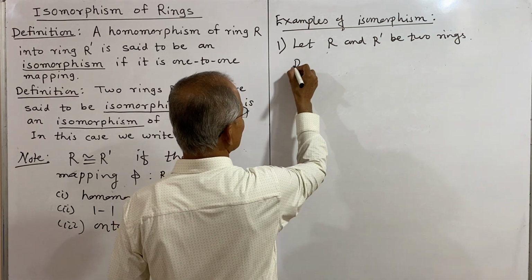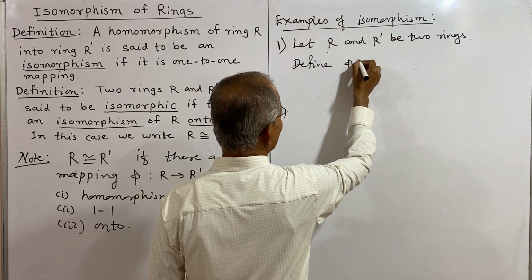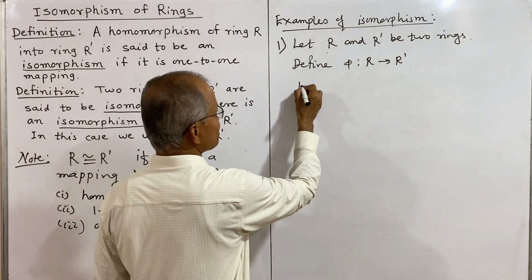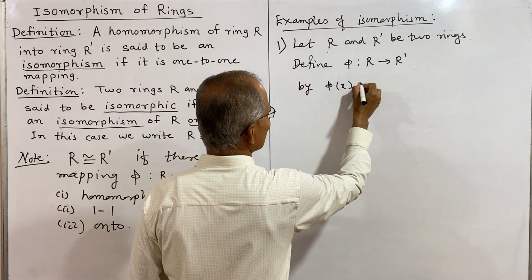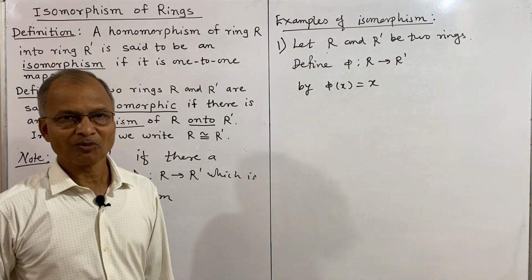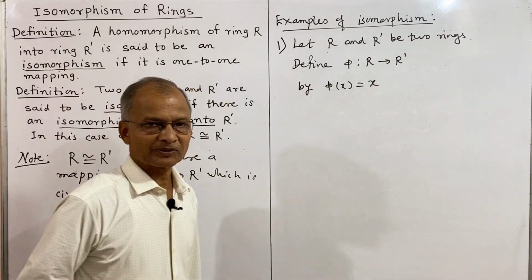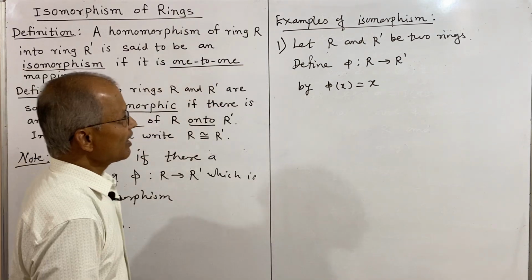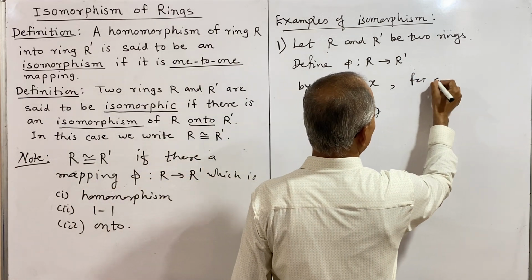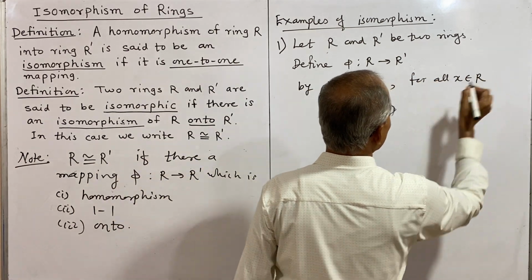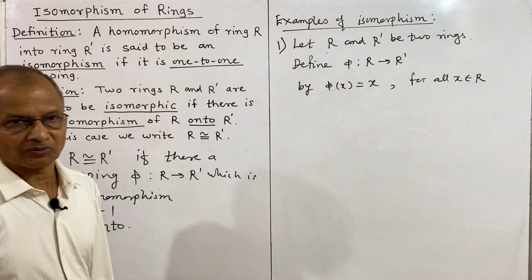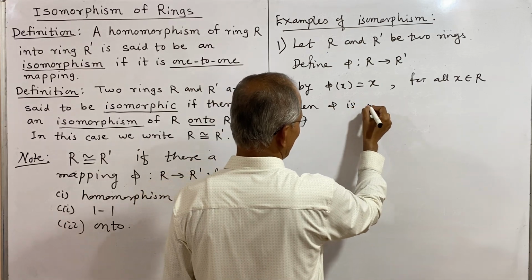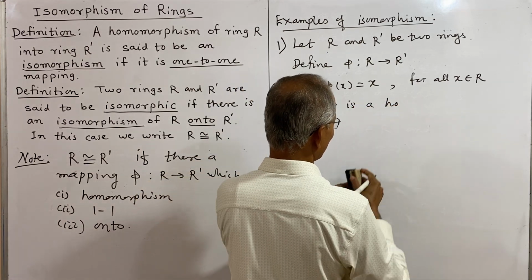We define phi, a mapping from R to R dash, by phi of x equal to x for all x belongs to R. Actually, this example we have considered in homomorphism also, and that homomorphism is becoming an isomorphism because it is 1 to 1. Then this is an isomorphism. Then phi is a homomorphism, a 1 to 1 homomorphism.